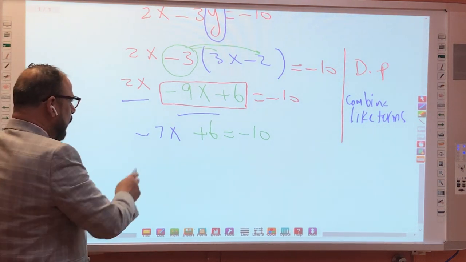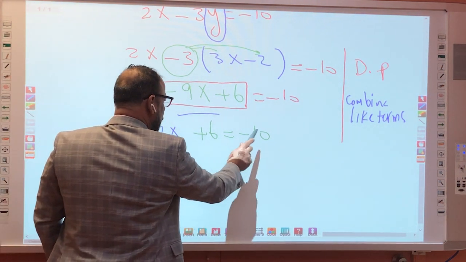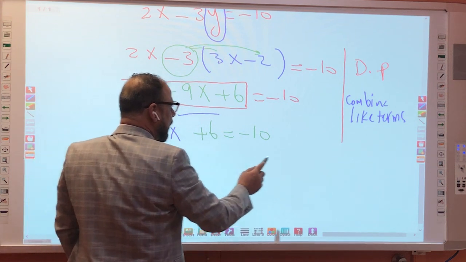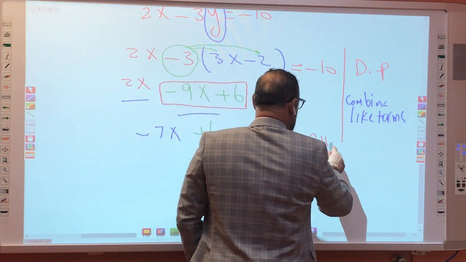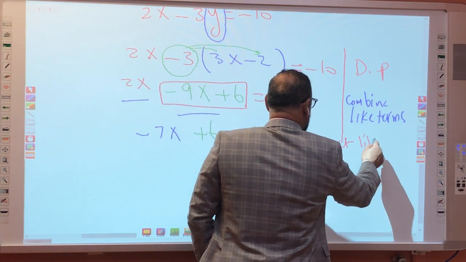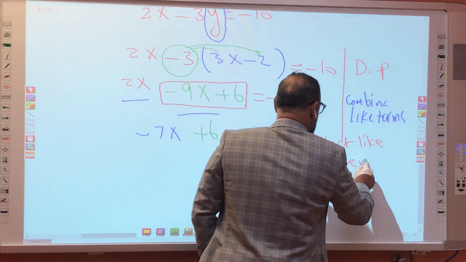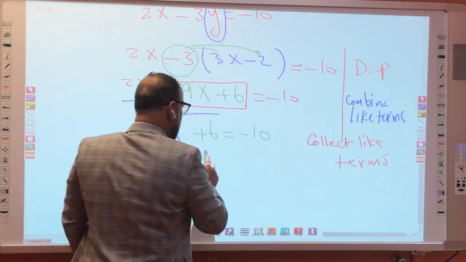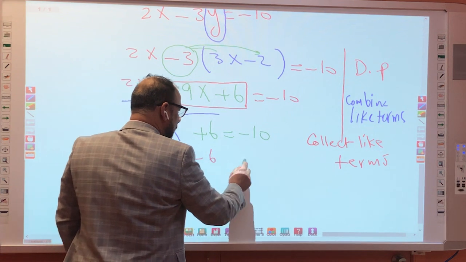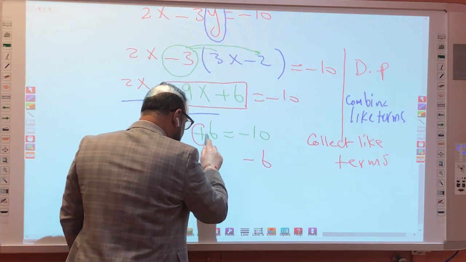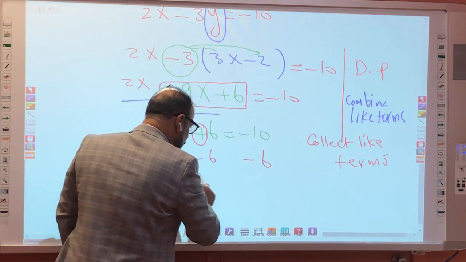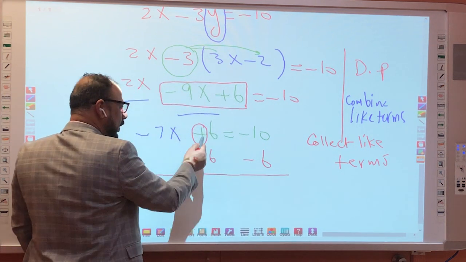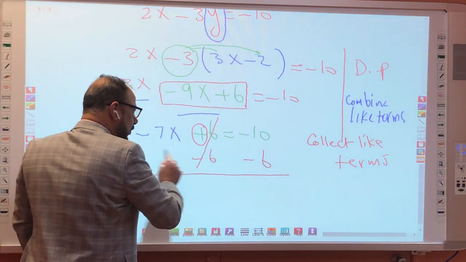Now we have an x term and two numbers. We're going to collect like terms now, which is -6. Why -6? Because we have +6 here. To get rid of this term from this side, we add the opposite. This cancels.